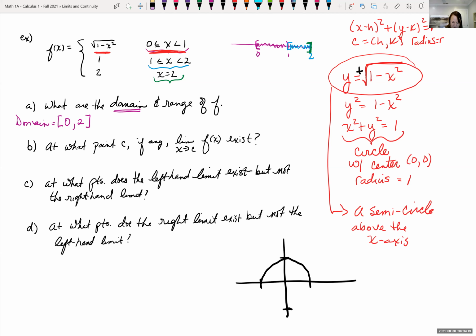So I got rid of what was below the x-axis, but this is also telling me my x values have to be between 0 and 1. So if I look at when x is 0, it's actually starting here, so I need to get rid of this piece. Starting at 0, I have 0. And then at 1, I'm on the x-axis.